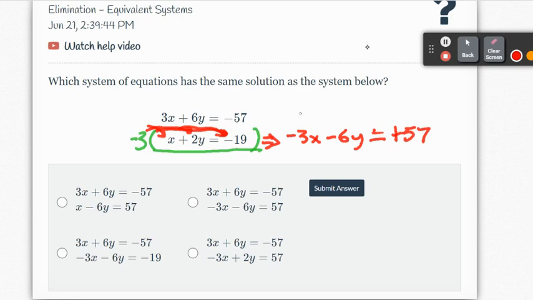And so the top expression, none of them changed, and so we don't have to worry about that part, but I'm going to leave it here. Plus 6y equals -57.